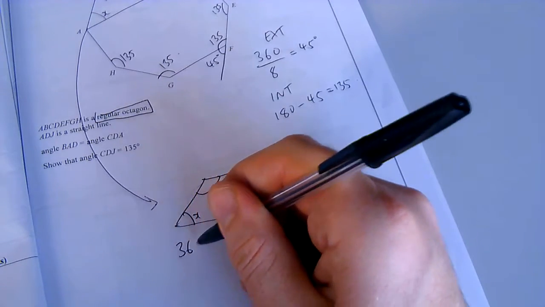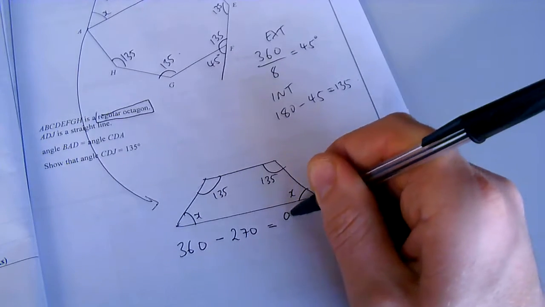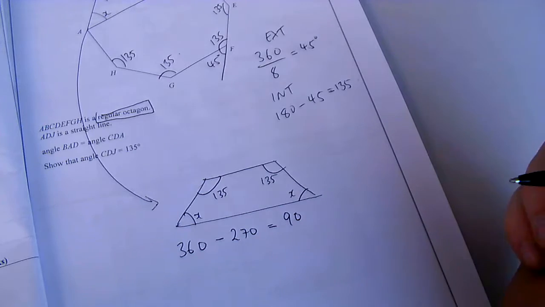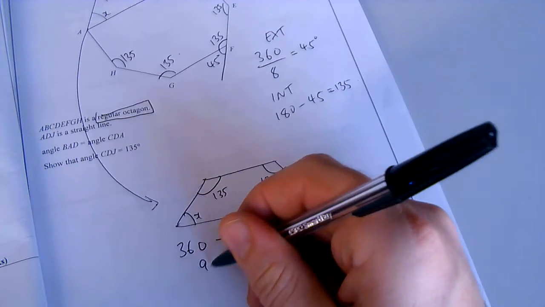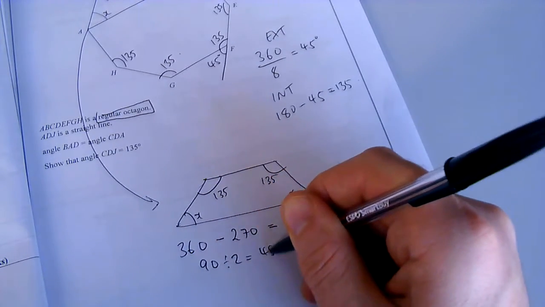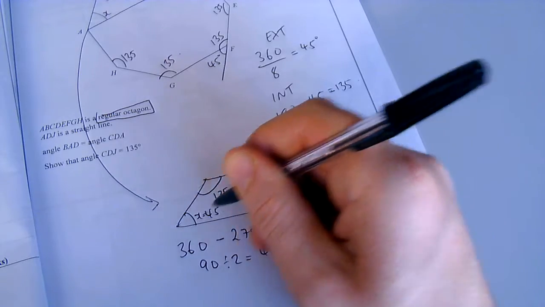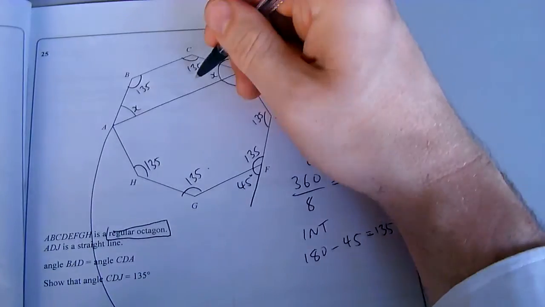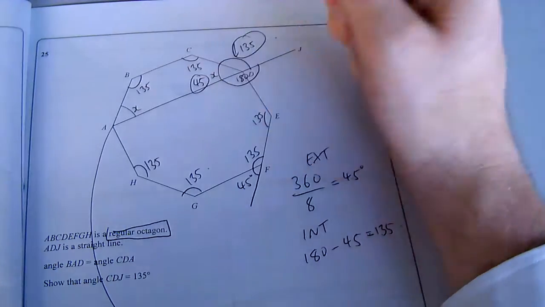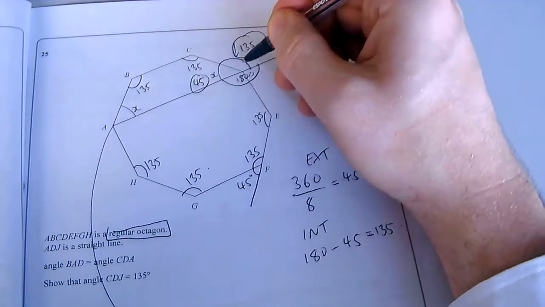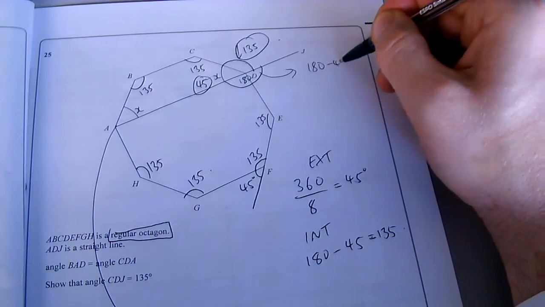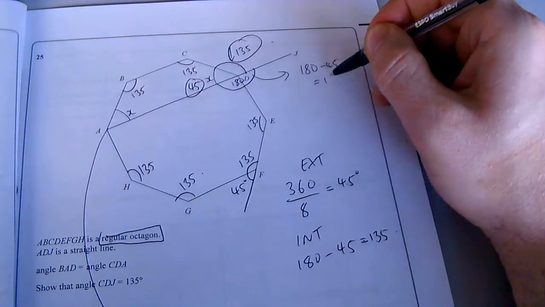So if I take that away from 360, which is 90, because it's a four-sided shape, you'll have 360 degrees in the quadrilateral. If I halve that, these are 45. So if I put that up here, this is also 45 here. And because this is on a straight line, you can do 180, take away 45 to show that equals 135.